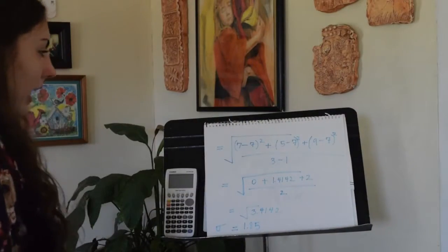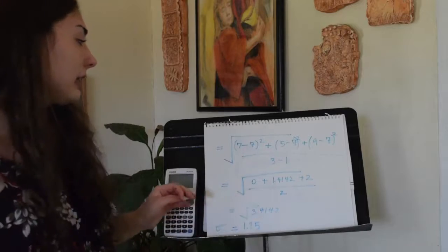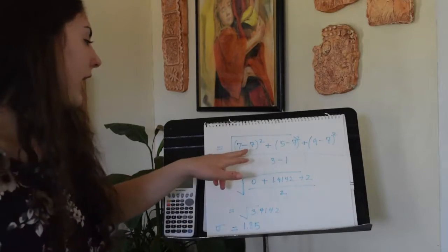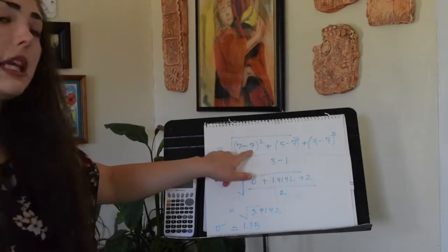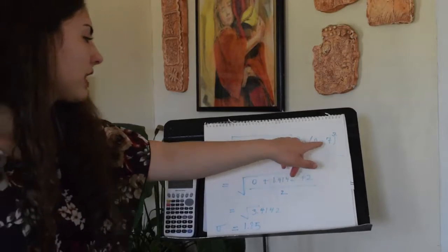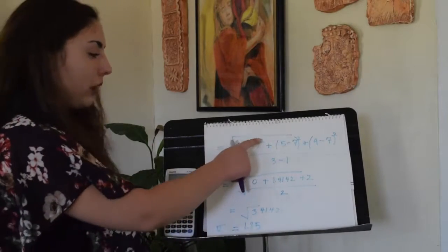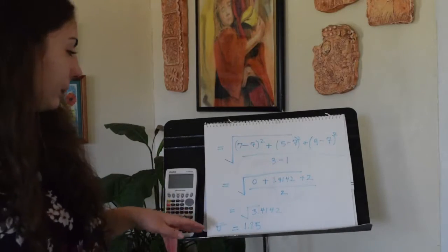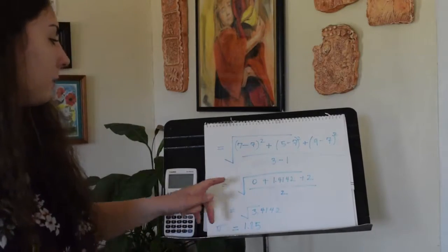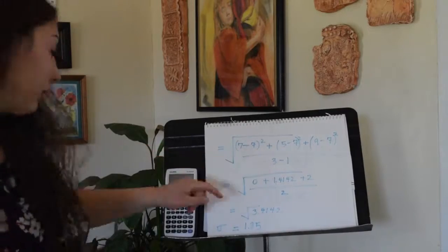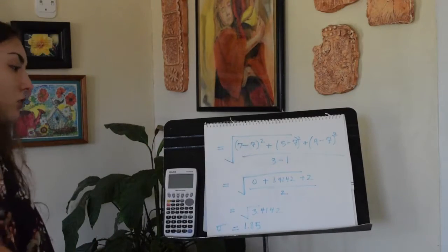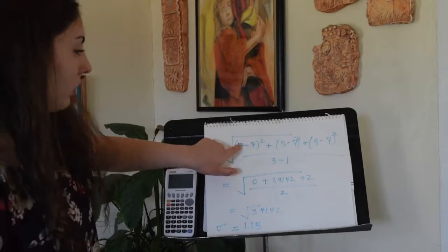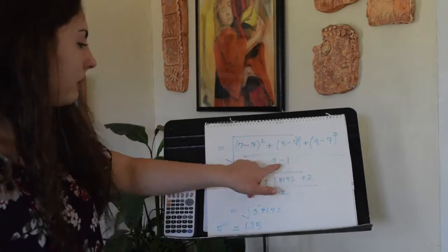So here we have the 7, 5, and 9 laid out, and we are subtracting the mean, which is 7, from each of those data points, and then we're squaring the data, which is represented by the 2, and then we are adding those together, and then n is the number of data points, 3, minus 1.